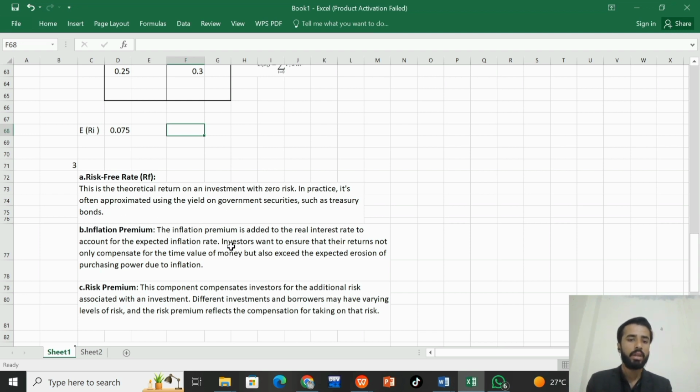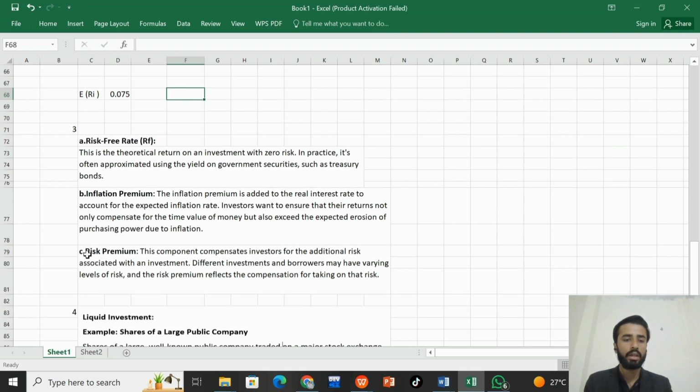The second is the inflation premium. The inflation premium is added to the real interest rate to account for the expected inflation rate. It means the increase in prices of goods or machinery; in a country there is an inflation rate, and inflation is increasing day by day. So investors expect an inflation premium on the basis of the rate of inflation.